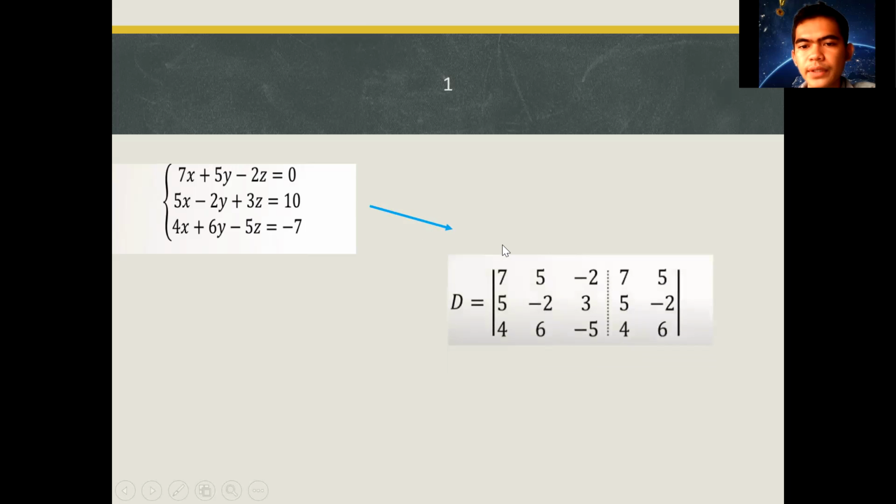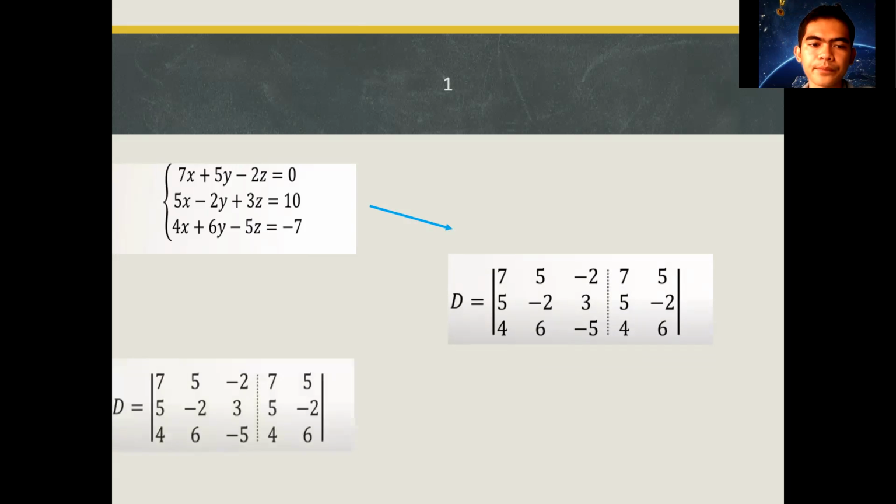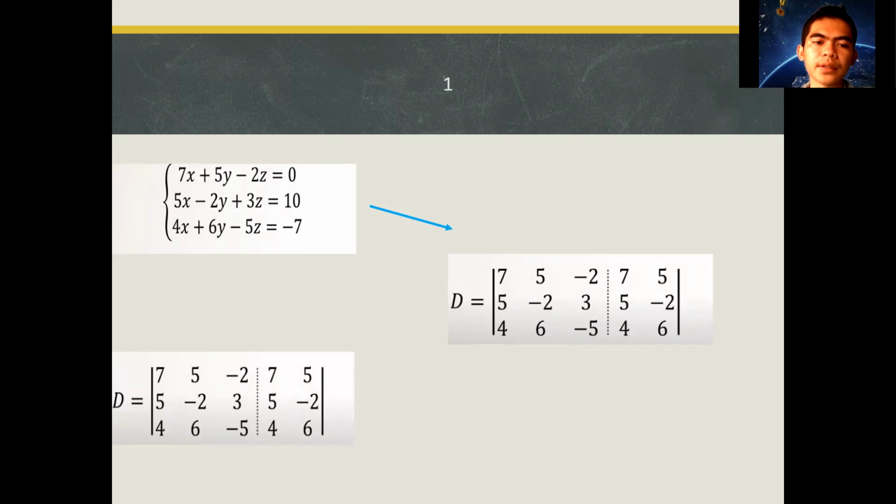The next process is that we remove all the variables and we get the five columns to solve as the next step. And in the next process, we can divide 7 with -2 and -5 as the diagonal strike.